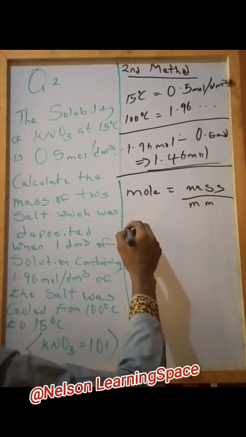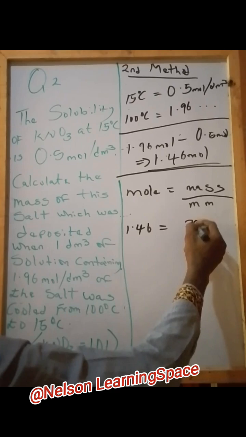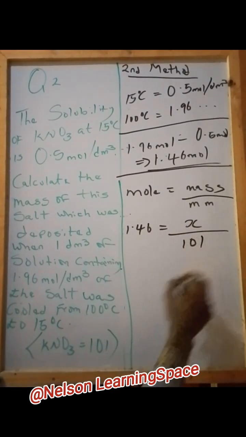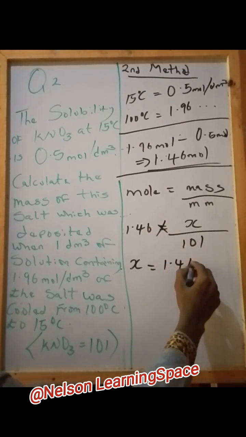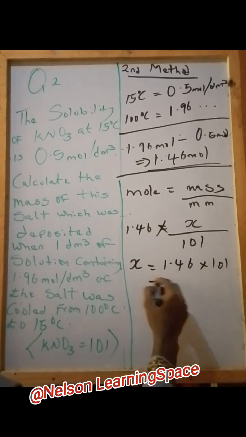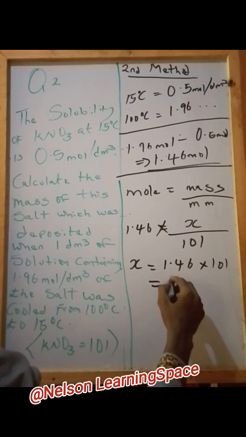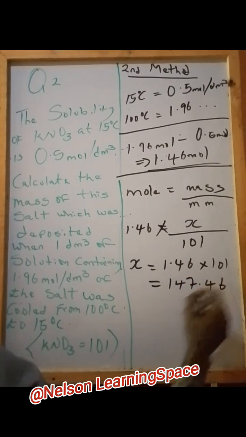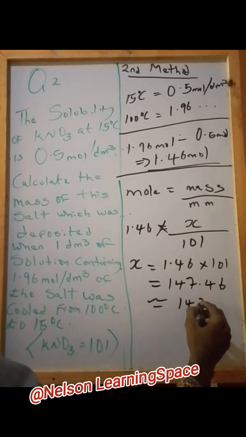What's our mole? 1.46. What's our mass? Our mass is unknown, this is what we're looking for. What's our molar mass? 101. So x is equal to 1.46 times 101, and that will give us 147.46, which is approximately 147 gram.